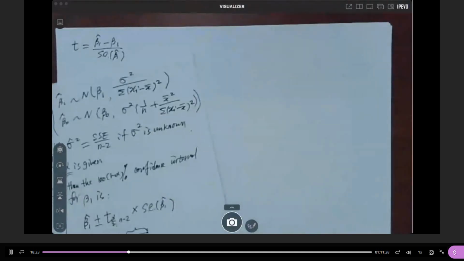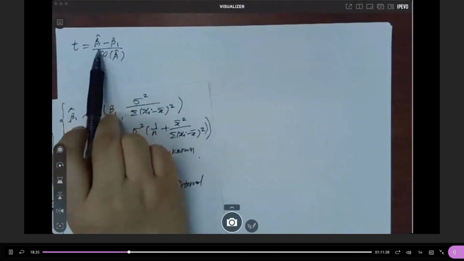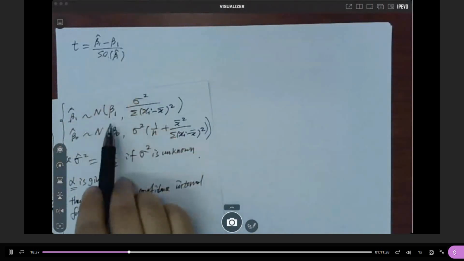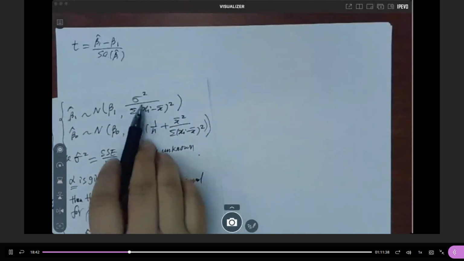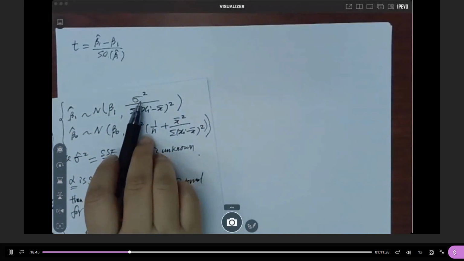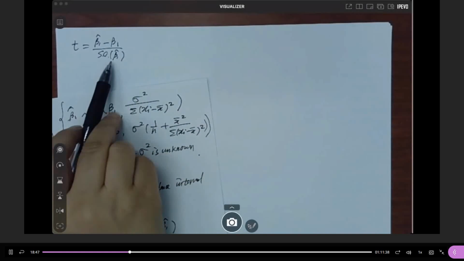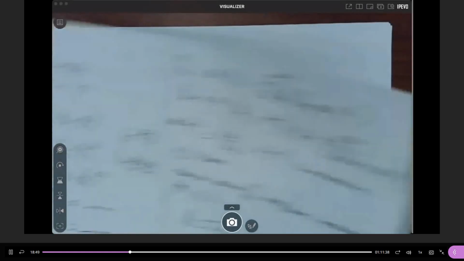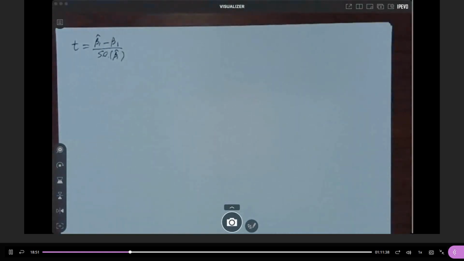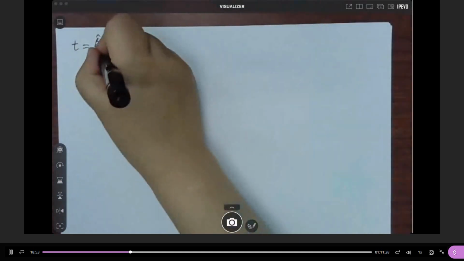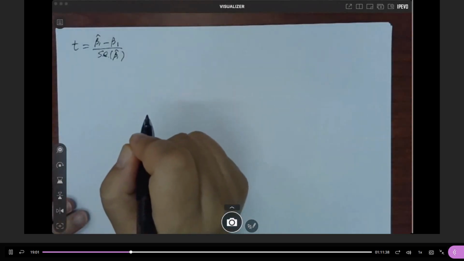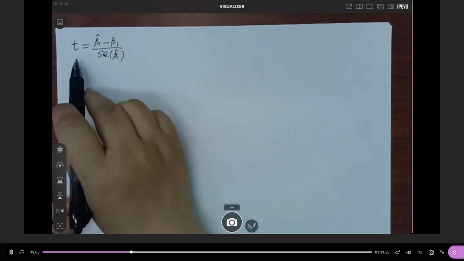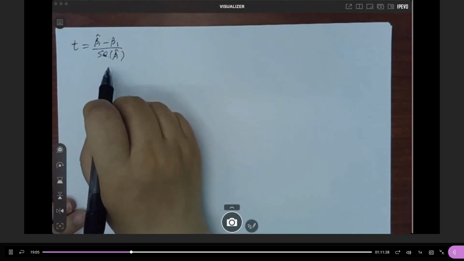Beta 1 hat follows a normal distribution here. A normal random variable minus the mean divided by the standard error of it gives you a t distribution. If I'm using the true population parameter sigma squared, you would get the standard deviation of beta 1 hat, and it will be a normal z distribution instead of a t distribution. Right now we are using sigma hat squared, so this one is a t distribution. So the value t is totally computed from samples, right?